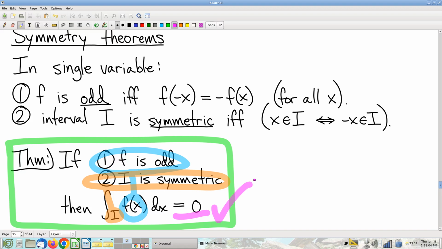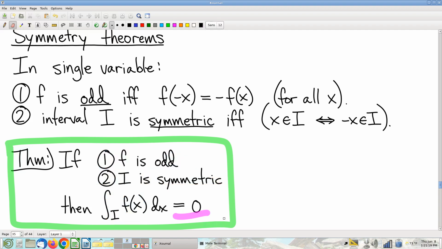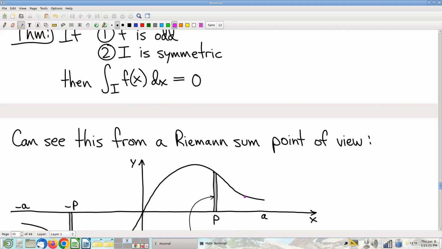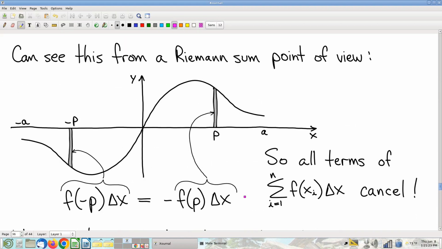This is an awesome theorem. We just evaluated an integral without computing any antiderivatives. Antiderivatives are annoying. Big win to be able to compute an integral without having to deal with antiderivatives. Okay, awesome theorem, gotta love it. You can take a couple of different points of view on this.